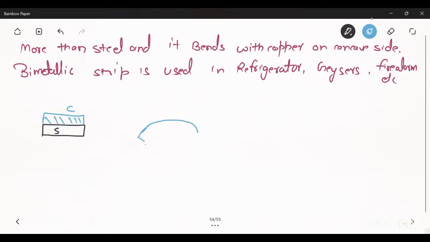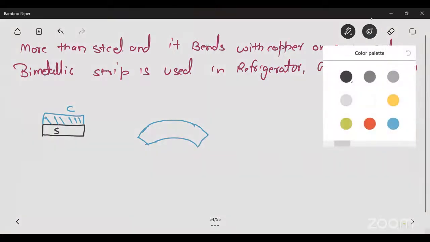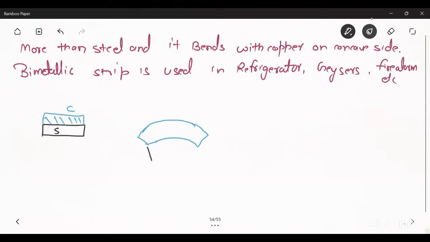That means the bend is in copper because the alpha of copper is higher than the alpha of steel. This is steel, this is copper. So when we increase the temperature, copper bends in the convex form.